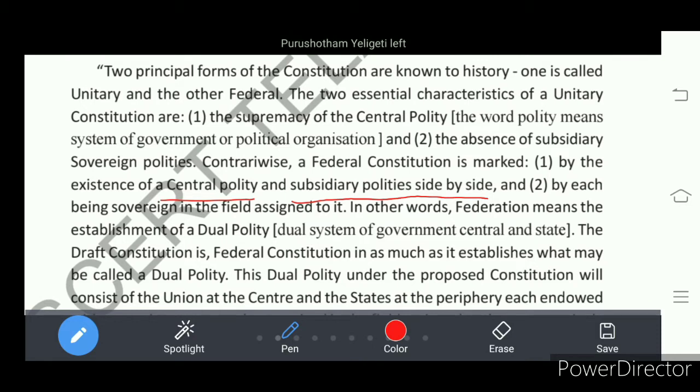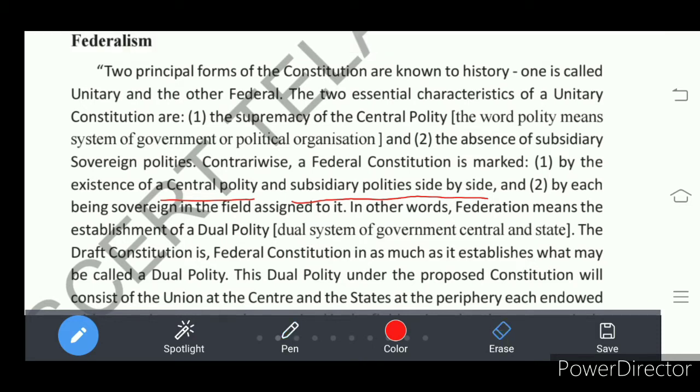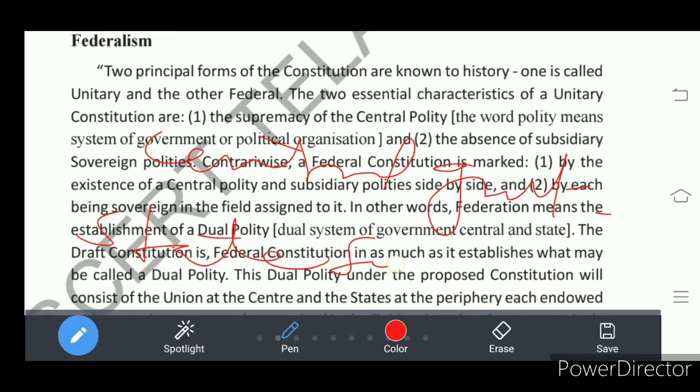That means we find a central government at a national level and state governments at a states level.